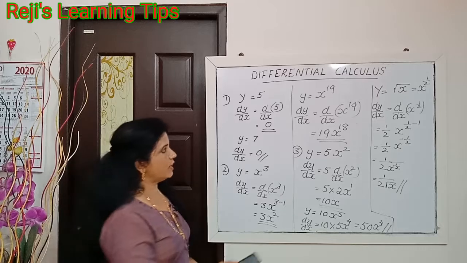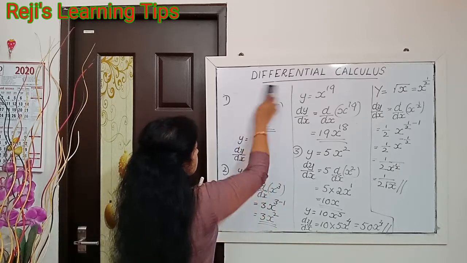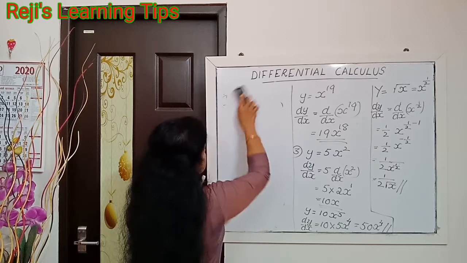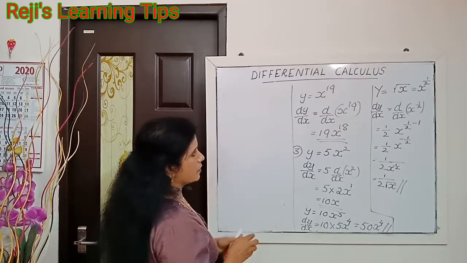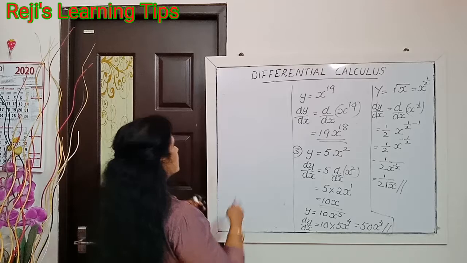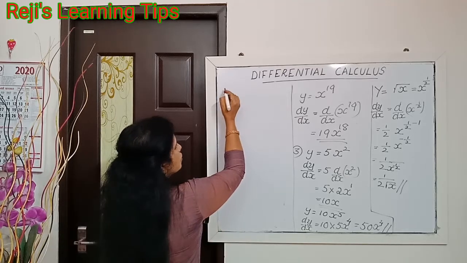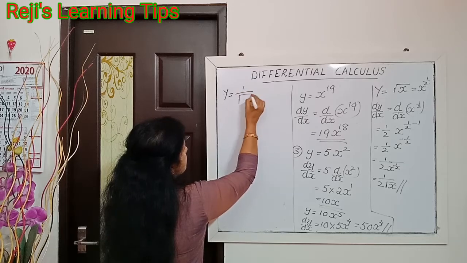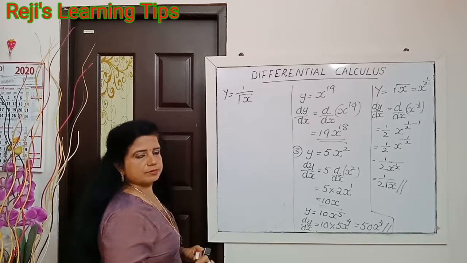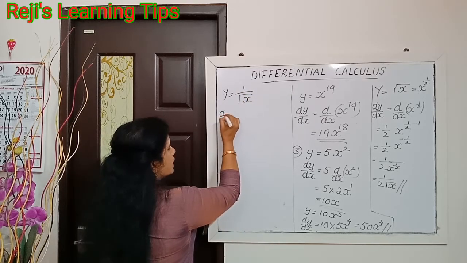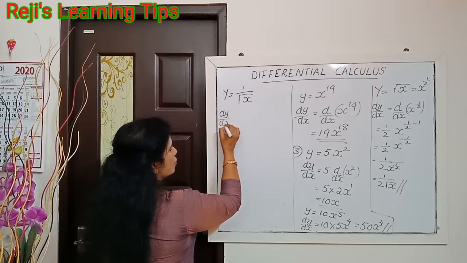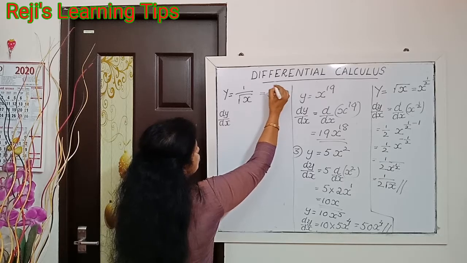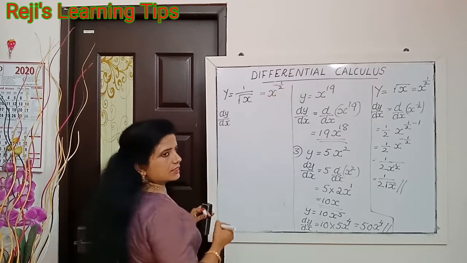Okay, the next one. y is equal to 1 by root x. Then dy by dx is equal to, here 1 by root x means x raised to minus 1 by 2.